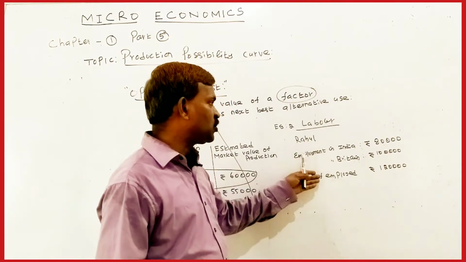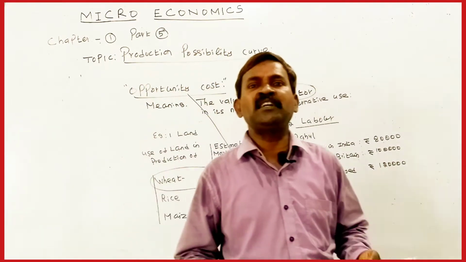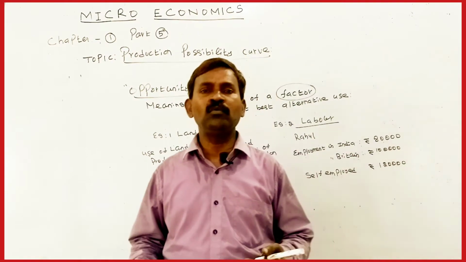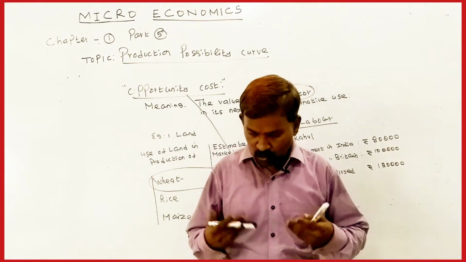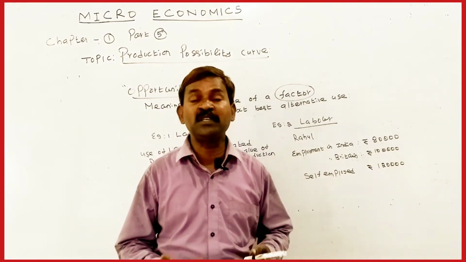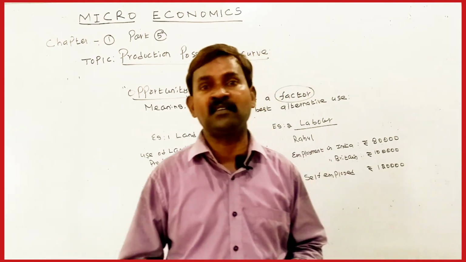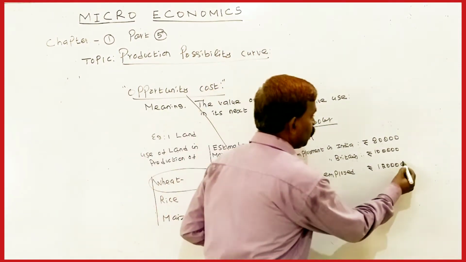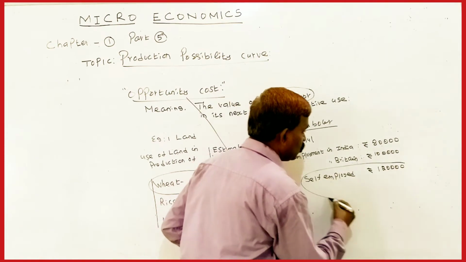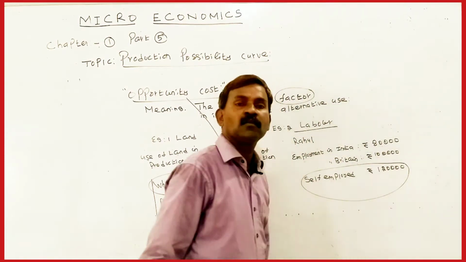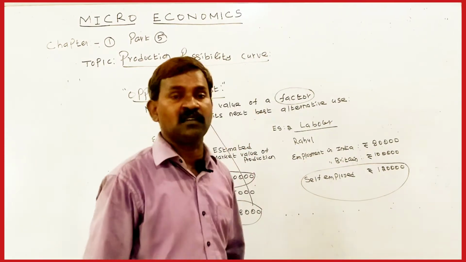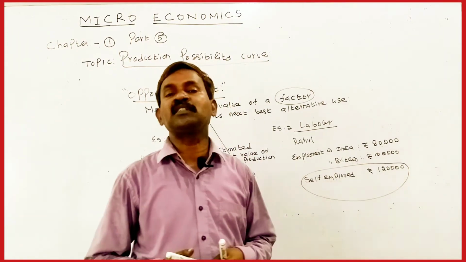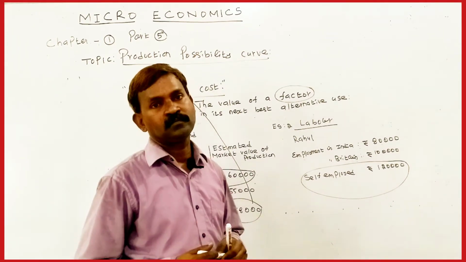So when you have three options and you are not able to make a decision, what would you do? You would discuss with your friends, and with your most experienced people, your parents. Then finally, you will decide to use your intelligence, being a self-employed person, for earning 1,20,000 rupees a month.